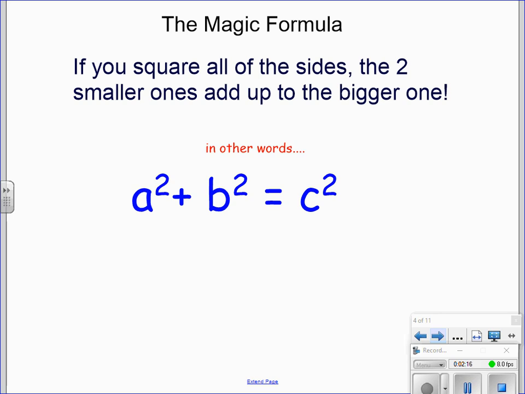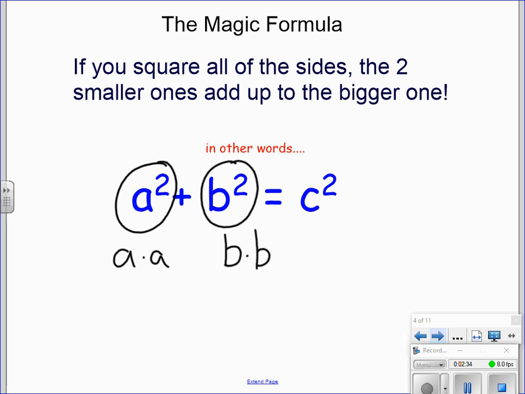And what that means is if you take the small leg, the smallest side, and square it, which means multiply it by itself, then take the middle side, which is b, and multiply it by itself, which is squaring it, and add those two things together, it's always going to equal the side C times itself. This formula is really useful so that if we have two sides that you know, you can find the third side of any right triangle.